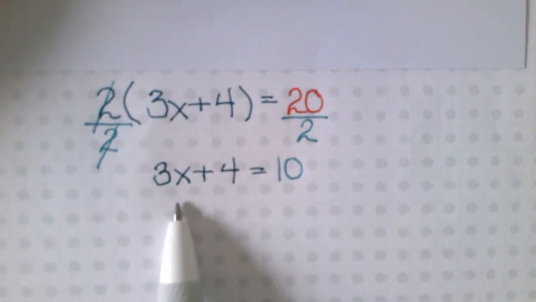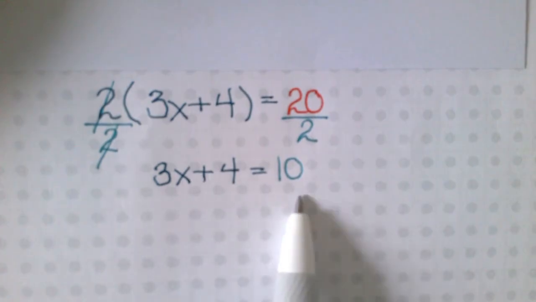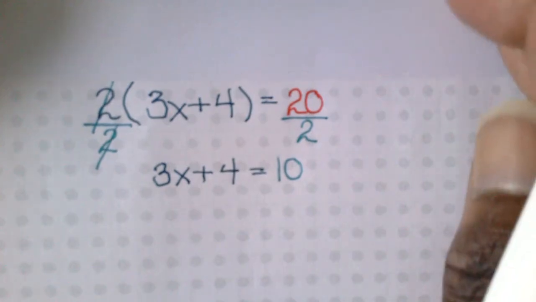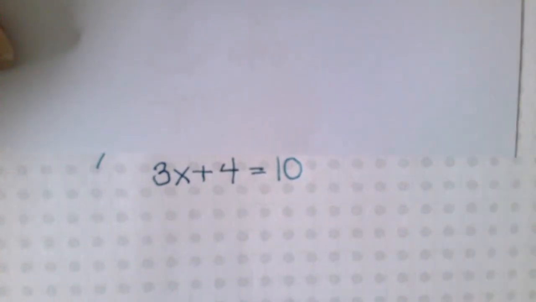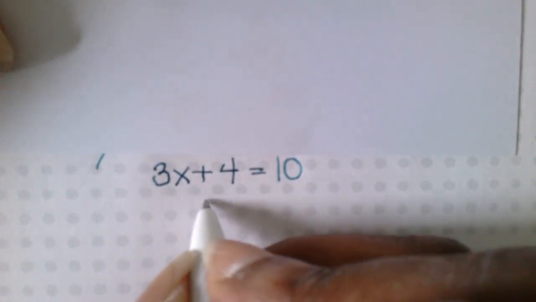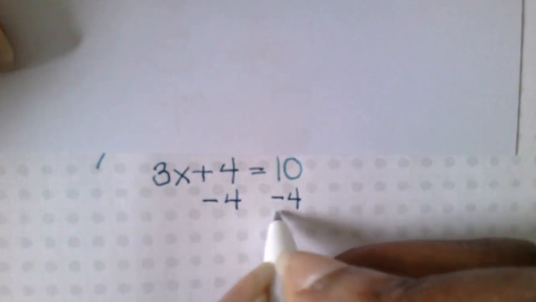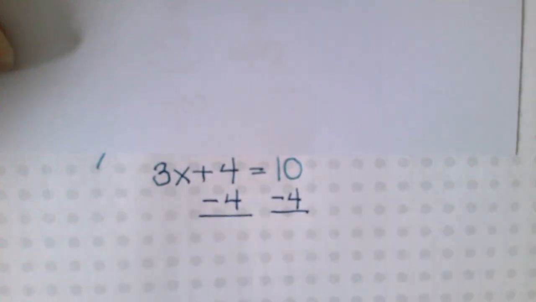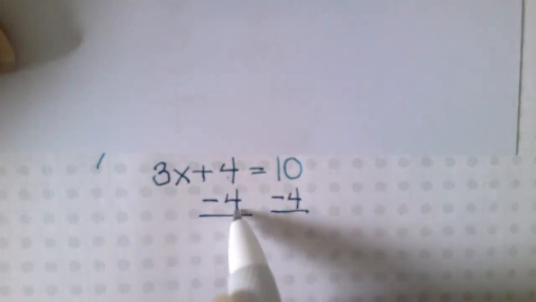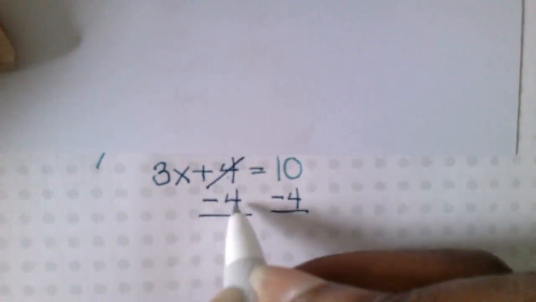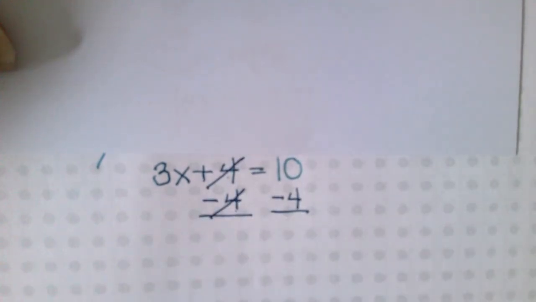So we have 3x plus 4 equals 10. So now we're going to focus on that. We're going to subtract this 4 on both sides. So we have a positive 4 and a negative 4. That gives me my 0.